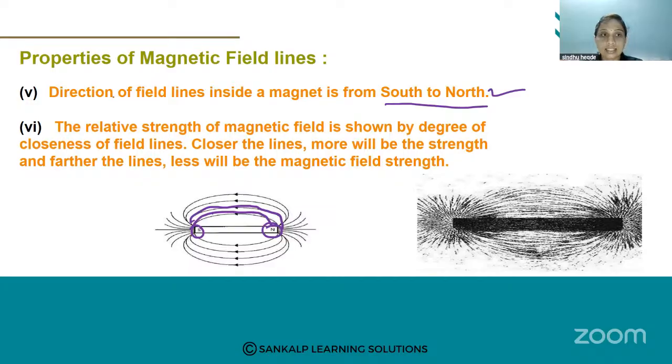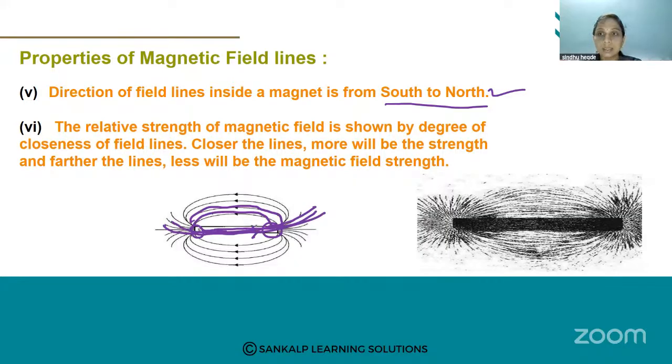Here they consider the direction of the magnetic field lines inside the magnet. See, inside it is always from south to north.